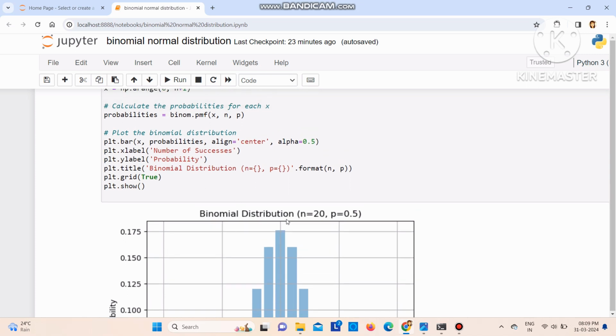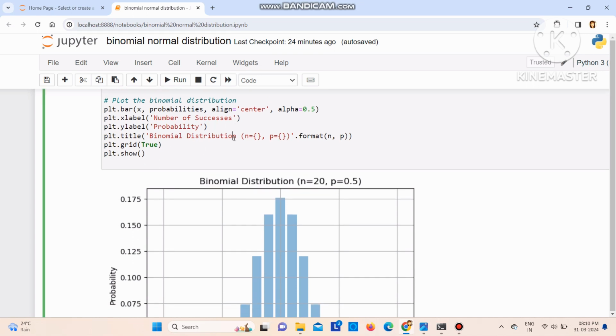Here n is equal to, since we need the integer value and we cannot directly write the integer value, we are using dot format n comma p. And for the grid, if you don't want the grid you can give it as false. I am giving it as plt.grid true, and then we just write plt.show.